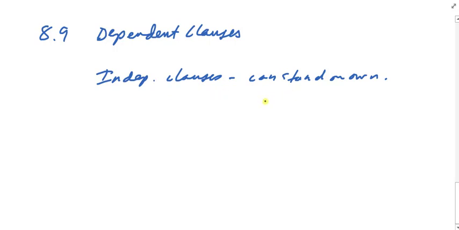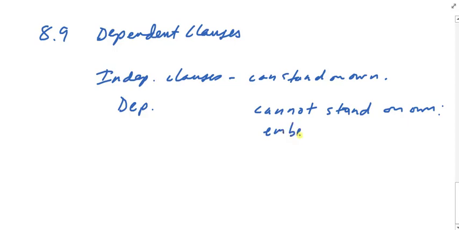A dependent clause, on the other hand, is one that cannot stand on its own, okay? Instead, it is embedded in an independent clause. So, what are examples of embedded clauses or dependent clauses? Well, I could have clauses like because or in order that clauses.